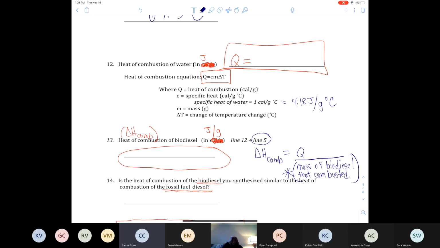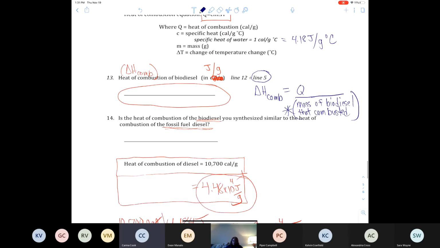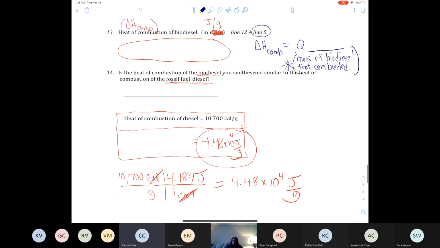And then once you get the heat of combustion, then you compare it to the heat of combustion of fossil fuel diesel, which is 10,700 calories per gram, or 4.48 times 10 to the 4th joules per gram.